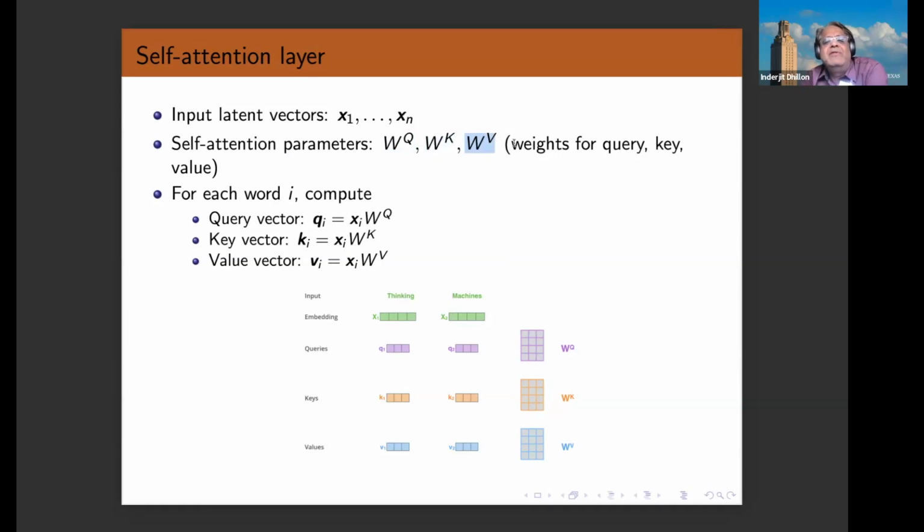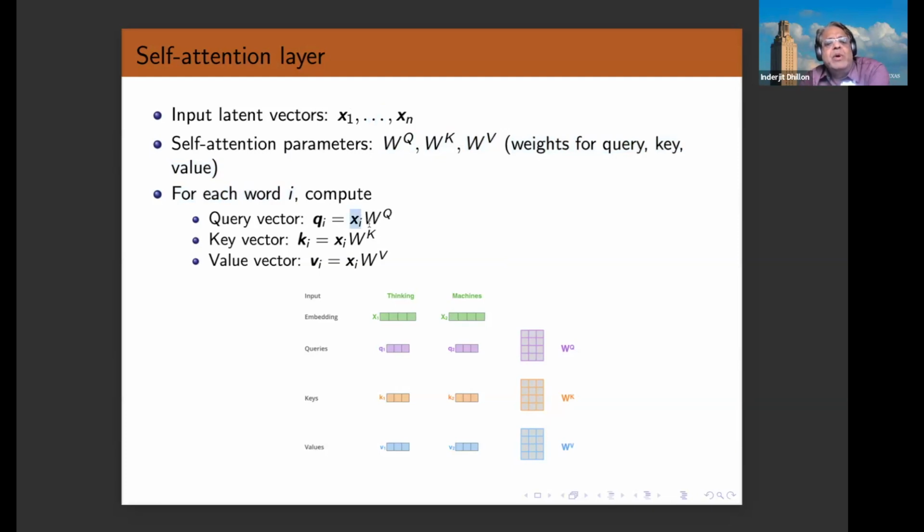So you have these weight matrices for query, key, and value, and the way they work is the following. For each word i, you have the vector xi.